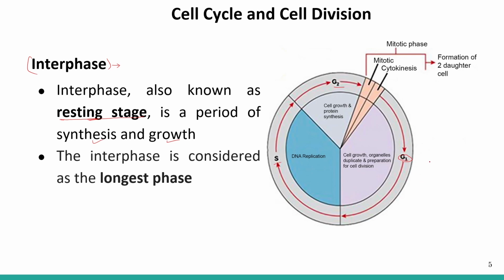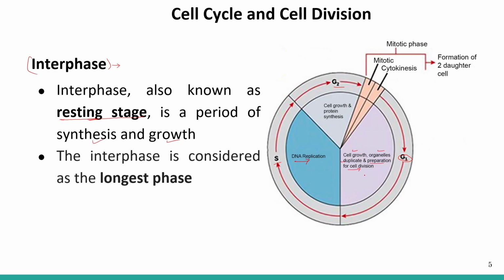During G1 phase, what is happening? Cell growth is taking place. Cytoplasmic organelles like endoplasmic reticulum, Golgi complex, nucleus and all, they divide and duplicate. And there is preparation for the cell division. In S phase, what happens? DNA replication is taking place, and the amount of DNA doubles here.